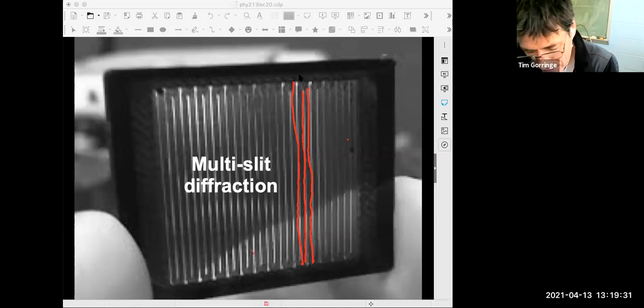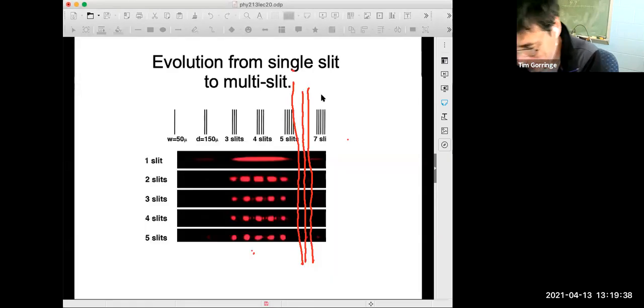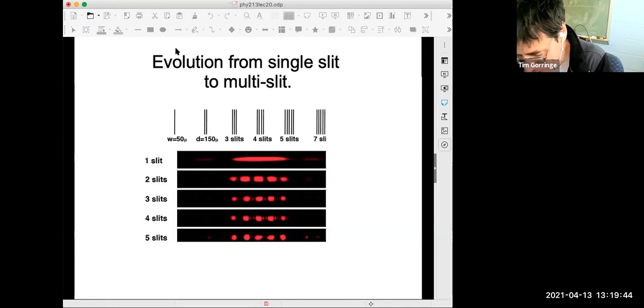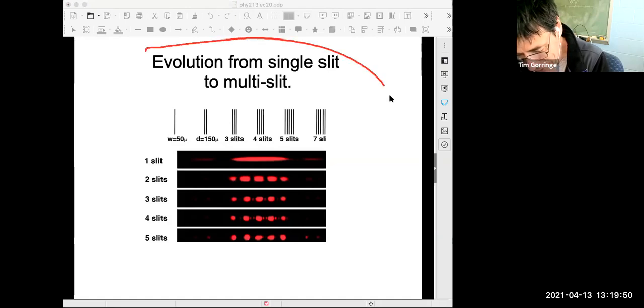Let me see, I can't get out of pen mode. Here we are. This slide shows you an interesting evolution, not the evolution of humans from rabbits or wherever we came from.